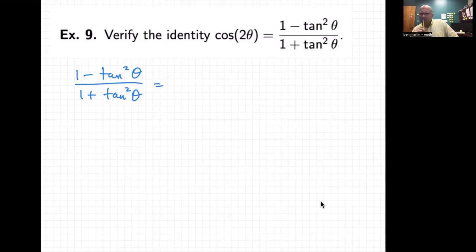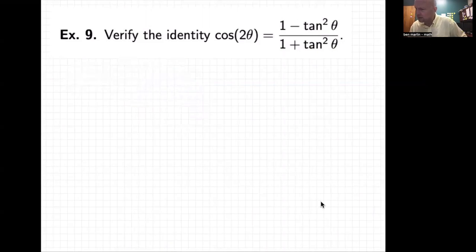But since I want to get a 2 theta out of it, maybe now I see a way to do it, but it's just very convoluted. I don't see a way to make progress here. Let's try the cosine 2 theta. Okay.